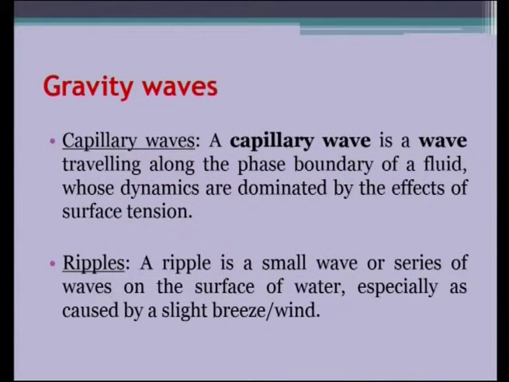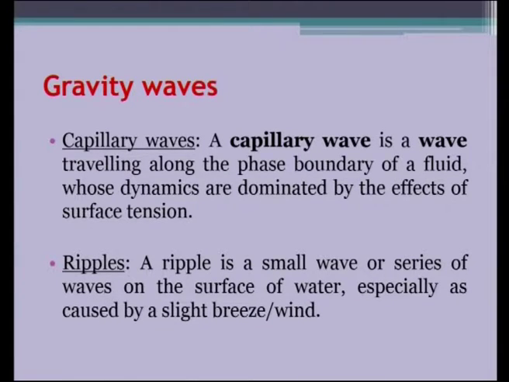The capillary wave is a wave travelling along the phase boundary of a fluid whose dynamics are dominated by the effects of surface tension. So, when it is far away from the shore, the surface tension plays a vital role in making the waves possible in that region.